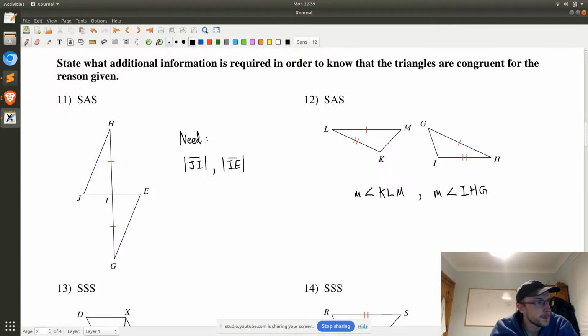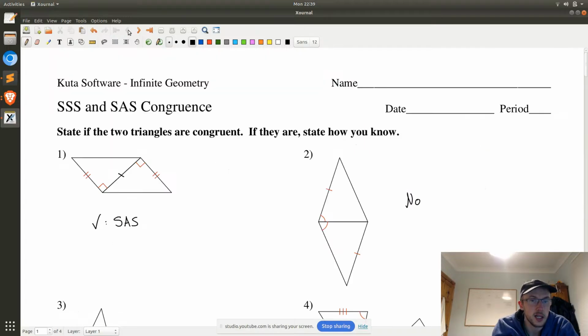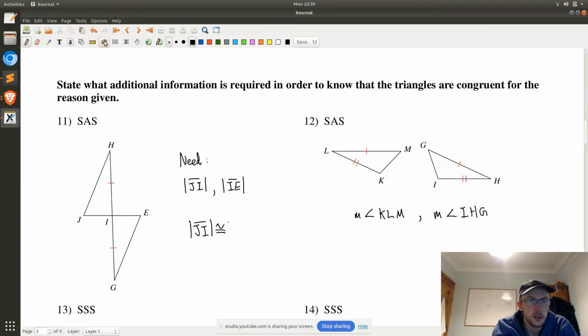Check. All right, so here they're explicitly saying that it would be required to know that side JI is congruent to side IE.